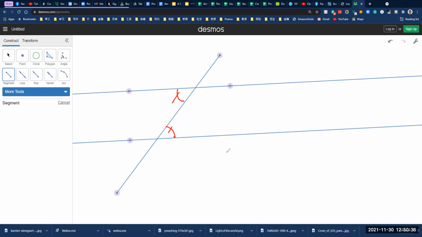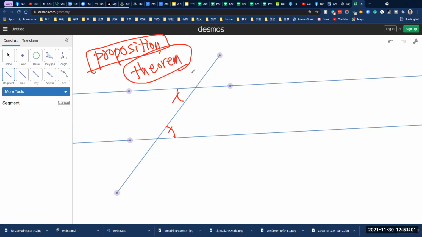So in geometry, we call it a proposition. Proposition means something we have not proven. It's a statement that says something is true, but it has to be proven. But once we prove it, the proposition becomes a theorem. So a theorem is basically a proven proposition.